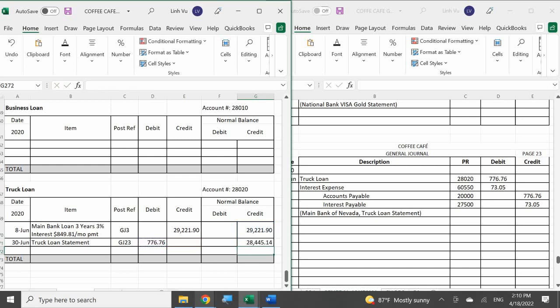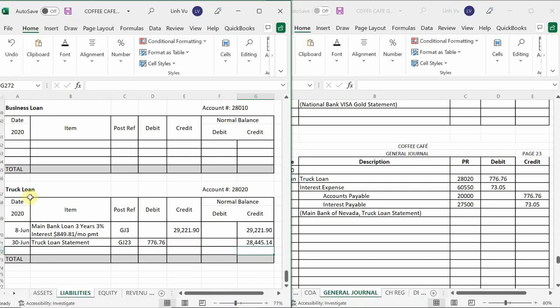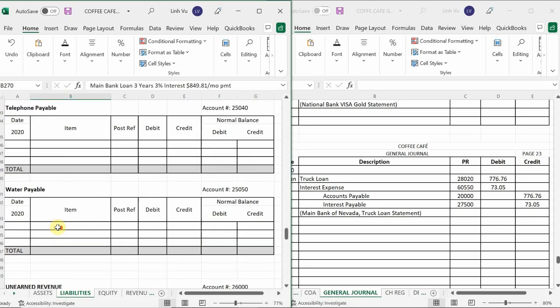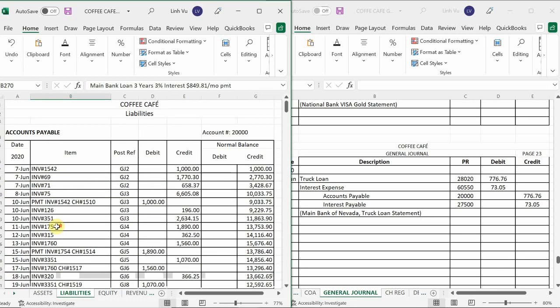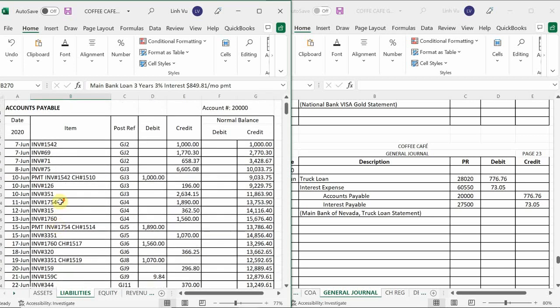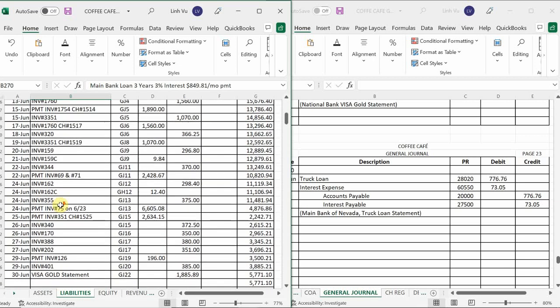Right? That's how much you now owe on your truck now that you're going to make a payment for $849.81. Okay? And you also need to update your accounts payable because you're choosing to pay it later.